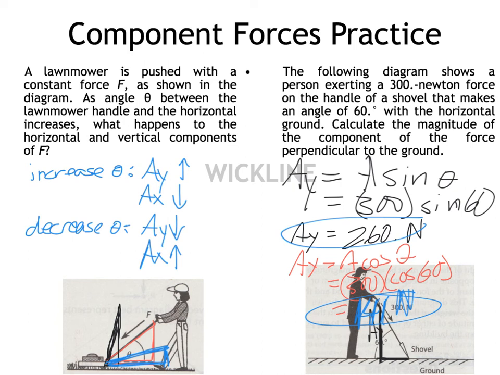And I also want to point out that 260 plus 141 is not 300, which is his overall force. Basically, it's kind of the same thing that you would do in geometry, where in order for it to be a triangle, I think the sum of side A and side B has to be greater than side C. And this is side C, and the sum of A and B has to be larger than C in order for it to be a triangle.